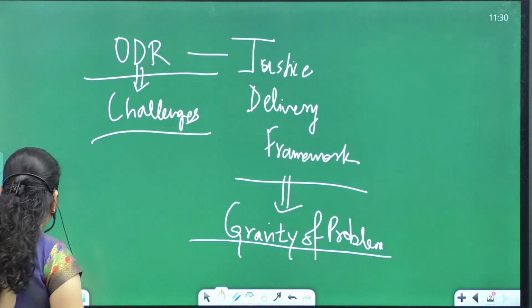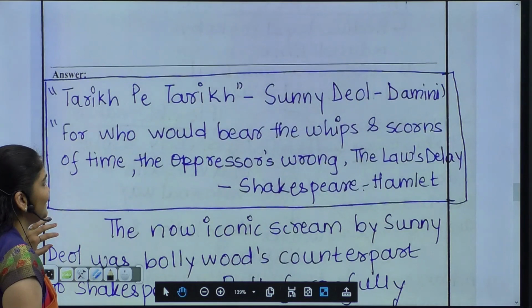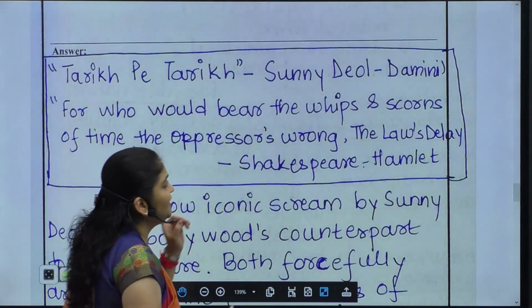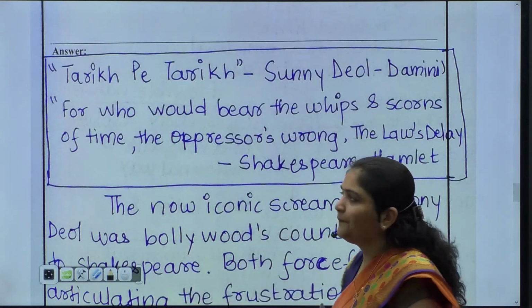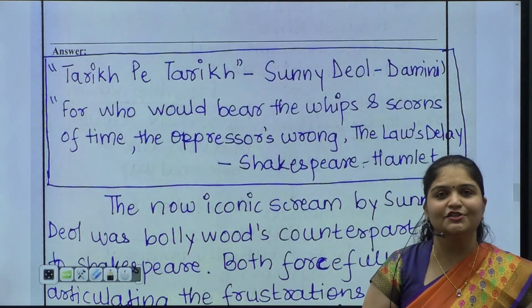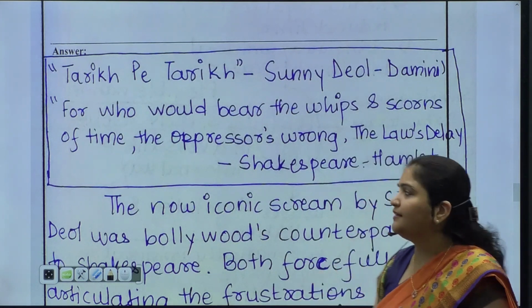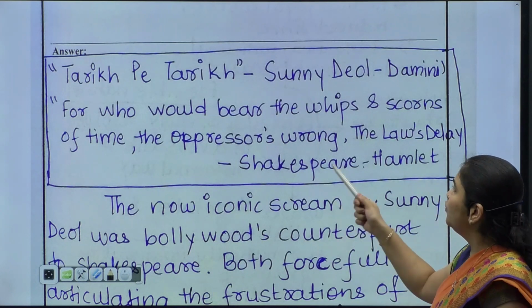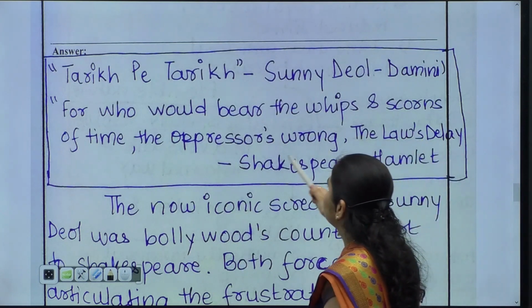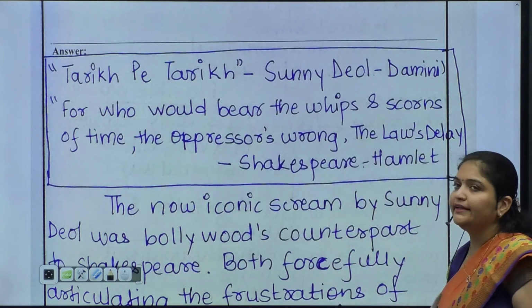I'll show you how. Who says movies cannot be utilized, okay? So we have one dialogue in the movie Damini by Sunny Deol. Tareekh pe tareekh. What does this show? Delay in the justice delivery framework, okay? Second, what does Shakespeare say in Hamlet? For who would bear the whips and scorns of time, the oppressor's wrong, the law's delay.